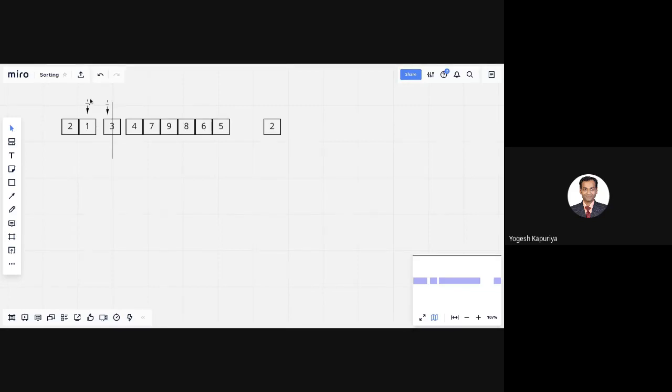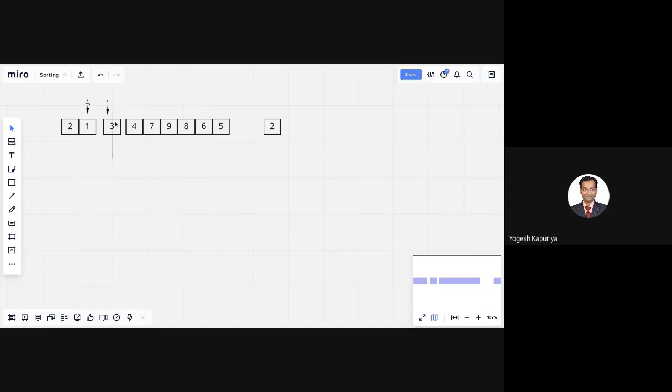It doesn't go further. Now once again, J stops, I stops, so you will check the positions of I and J. If I is less than J, then the number represented by I and the number represented by J will be swapped. But here, they have overlapped, they have crossed over. So what will happen now?